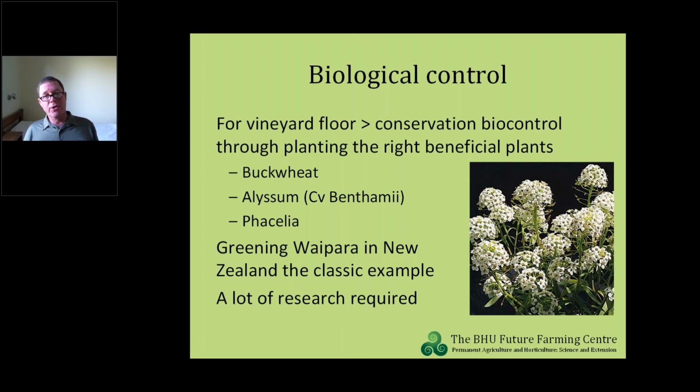Conservation biocontrol is where we use the existing beneficial insects, the predators and the parasitoids, to control the pests, but we enhance that system by providing the beneficial insects with the nectar and the pollen to boost their numbers and their lifespan and their fecundity, the number of eggs they lay. So, three plants there: buckwheat, alyssum and phacelia. Steve Ratton and his students have found over the years are really some of the most effective out there. But we need to work out for any particular pest what is the best way of achieving this.